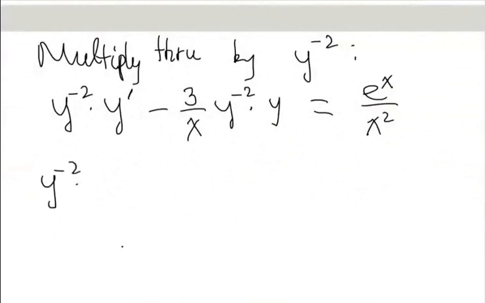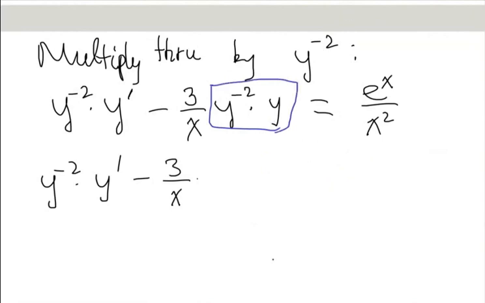So y to the negative 2 times y prime minus 3 over x. Simplify the middle part here. We get y to the negative 1. And then on the right hand side, e to the x over x squared.